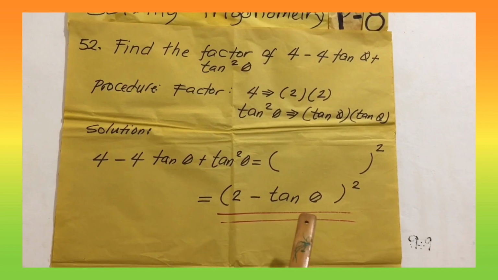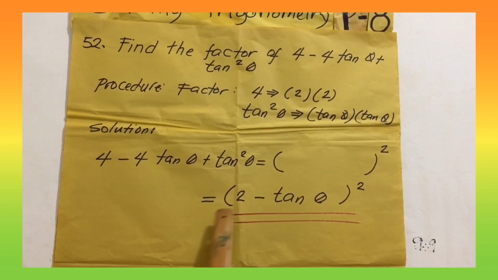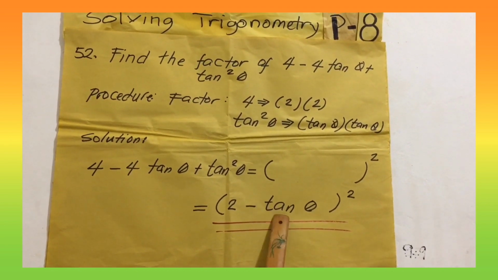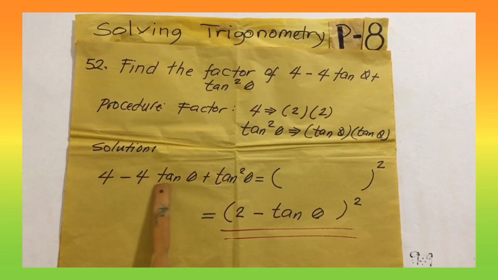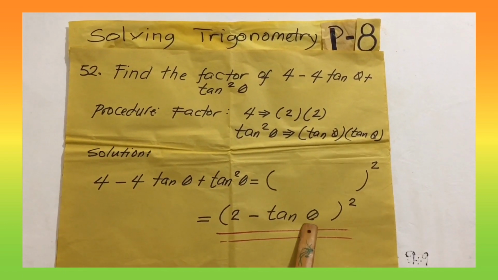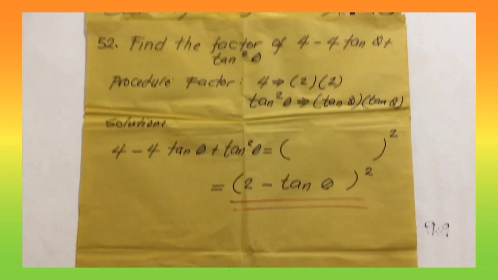So if we're going to check, 2 times 2, we have 4. Then 2 times tangent theta, we have negative 2 tangent theta, then times 2, we have negative 4 tangent theta. Then tangent theta times tangent theta equals positive tangent squared theta, it is correct.